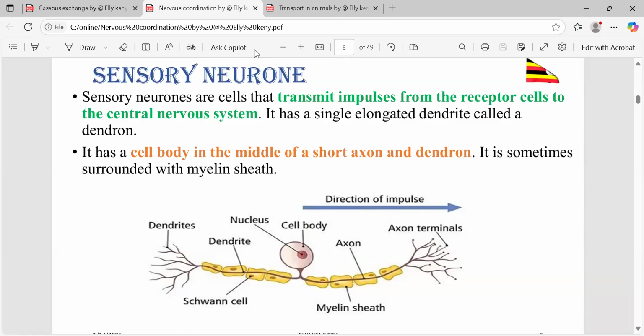They transmit to the central nervous system. The central nervous system has the spinal cord and the brain. It has a single elongated dendrite called a dendron, and a cell body in the middle of a short axon and dendron. It is sometimes surrounded with myelin sheath.